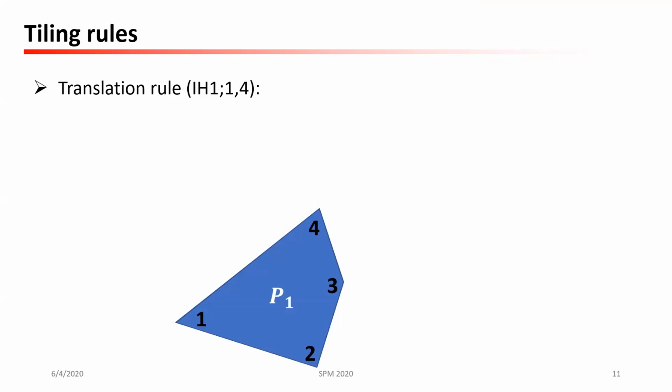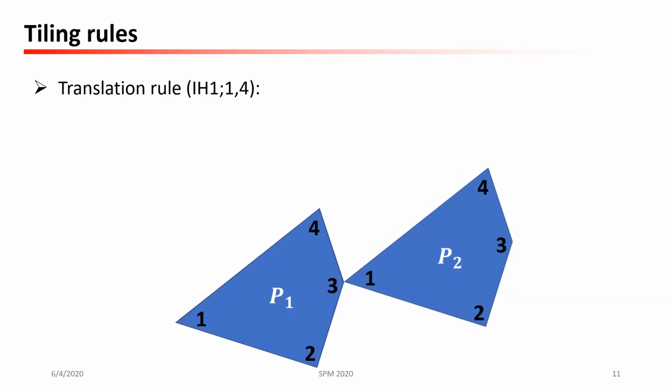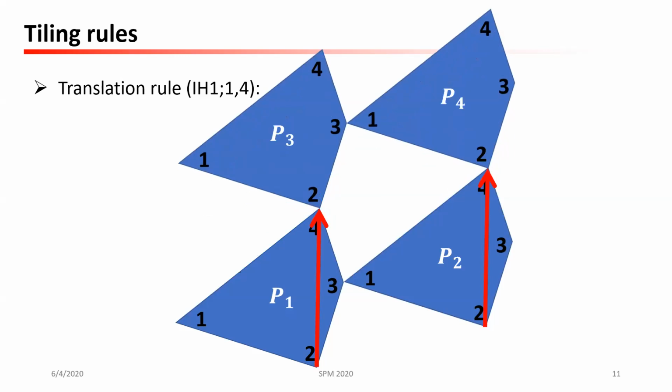The first is translation rule. We translate the P1 along the diagonal vector 1, 3 to obtain P2, then translate P1 and P2 along the diagonal vector 2, 4 to obtain P3 and P4 respectively.